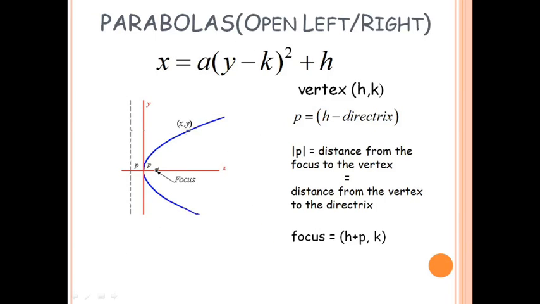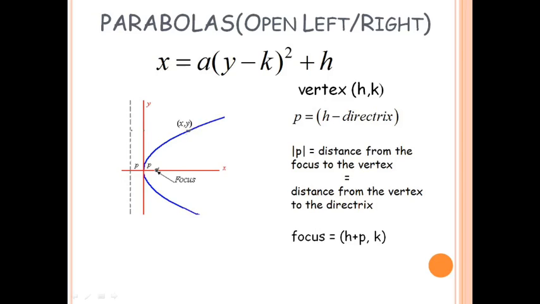Now let's talk about parabolas that open left and right. They have the exact same form except we switch what's inside the parentheses to y minus k. So remember, y goes with k, and h and x go together. Okay, so this opens left or right, and we know this because the y is inside the parentheses. The vertex does not change.